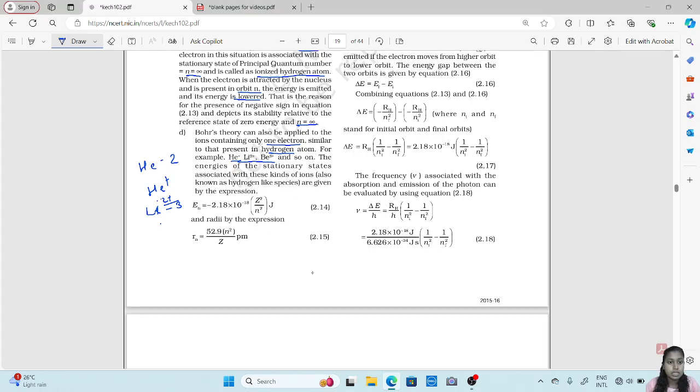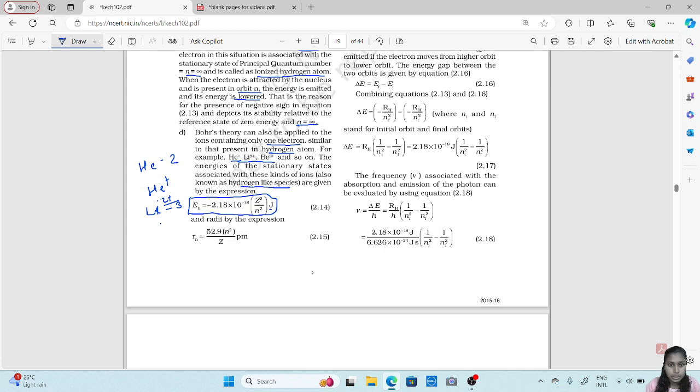So the energies of the stationary states associated with these kinds of ions, also known as hydrogen-like species, because they all contain one electron, similar to the hydrogen atom, are given by the expression: En equals minus 2.18 into 10 raised to minus 18, this is the Rydberg constant, multiplied by Z square upon n square.